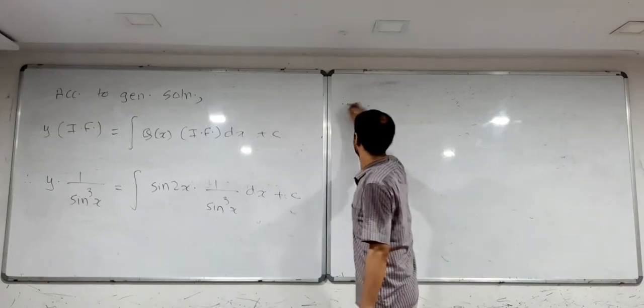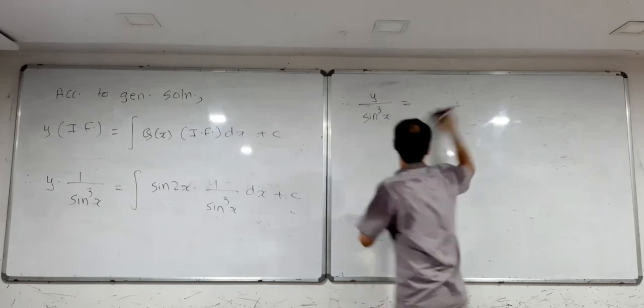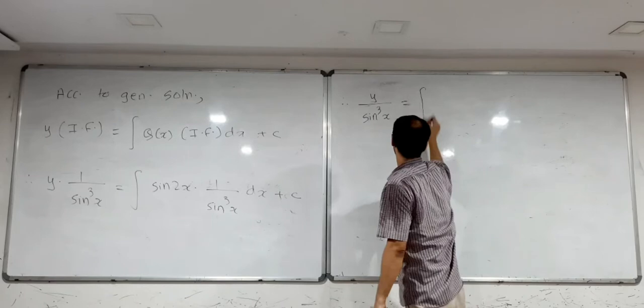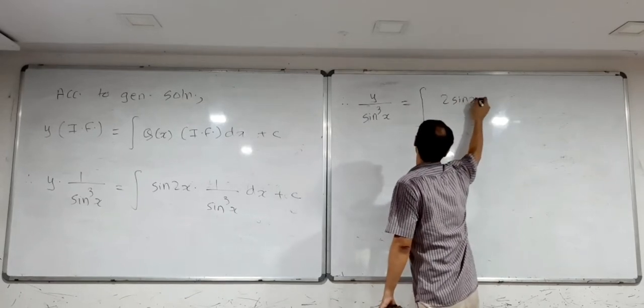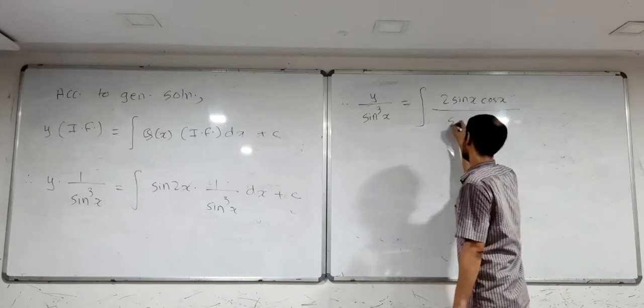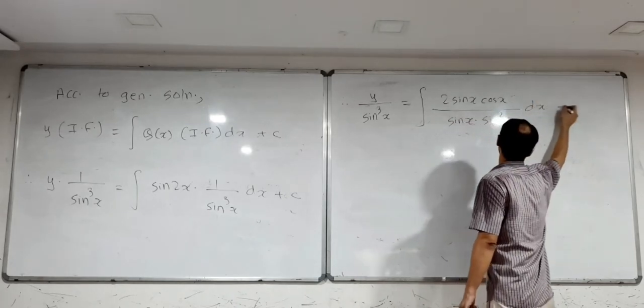So therefore y upon sin cube x is equal to integration of 2 sin x cos x, नीचे sin cube x write as sin x into sin square x dx plus c.